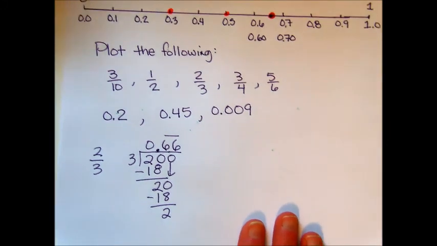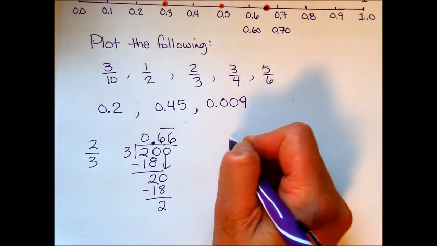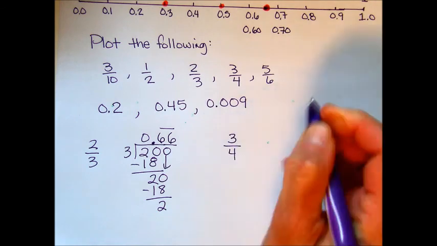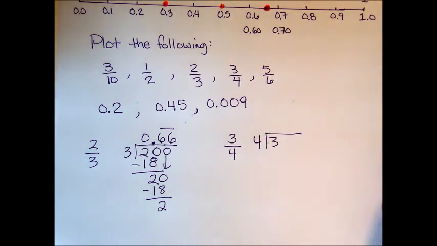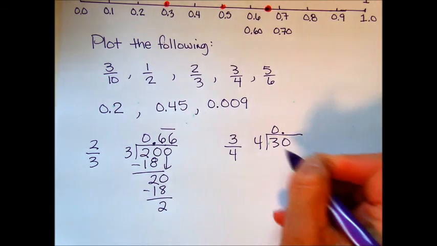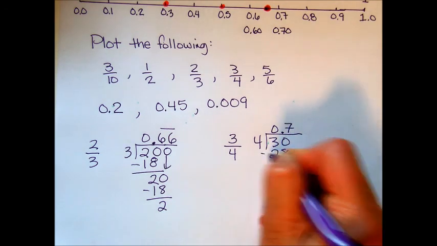Let's look at 3/4, and maybe you could do this one on your own. Write it out, stop the video, and see if you can solve it. I'll go ahead and do the math just in case. 4 doesn't go into 3. 4 goes into 30 7 times. That's going to be 28.